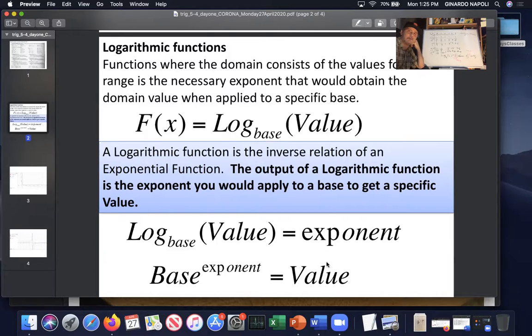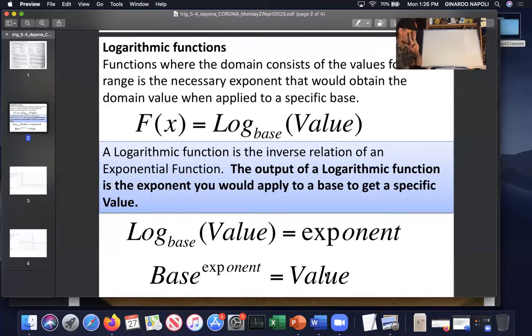So these two are inverses of each other, and you can switch them around. Anybody want to ask any questions about that?